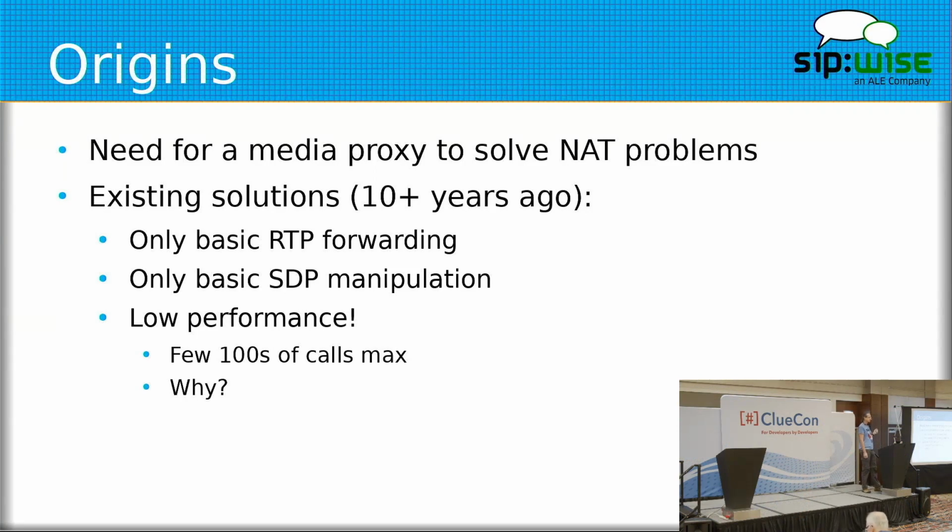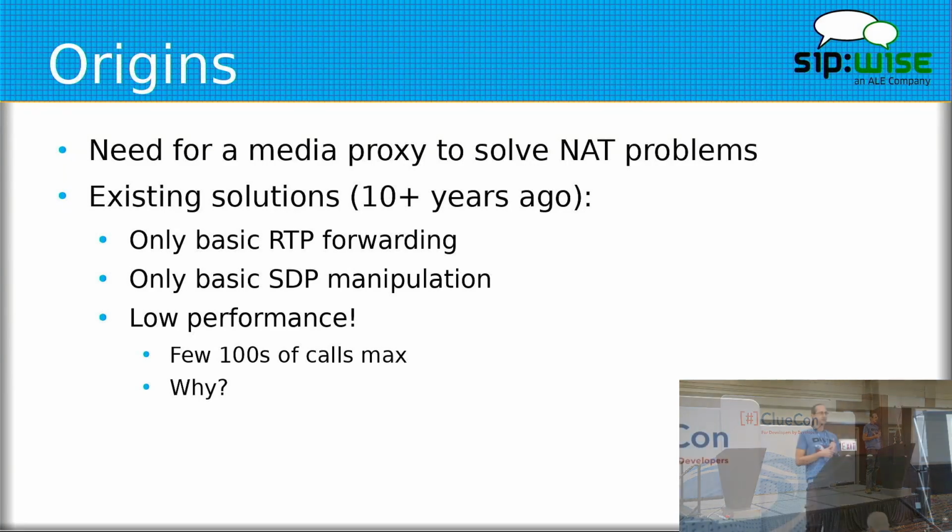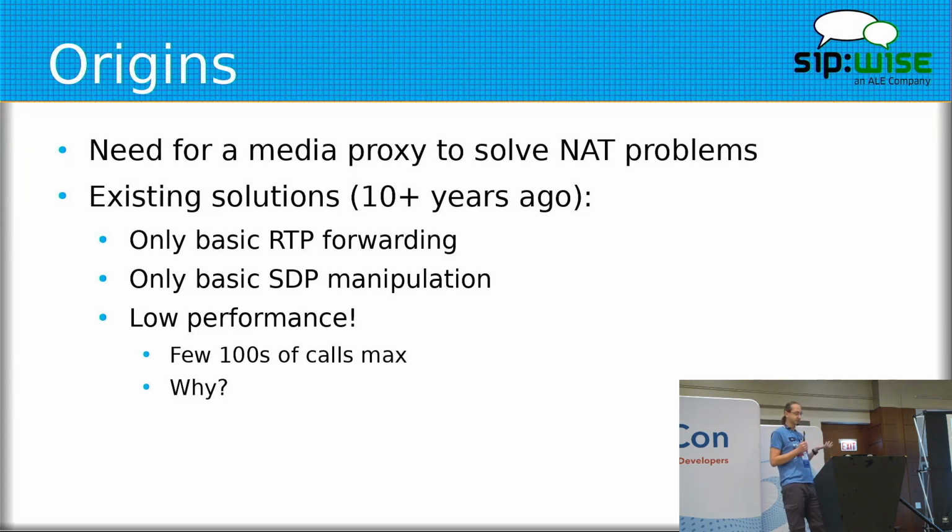In particular, the amount of media manipulations you could do was limited. We wanted to do more, but the biggest problem was the performance. The performance was just not good enough. You could handle a few hundreds of calls, and then the CPU would be maxed out.